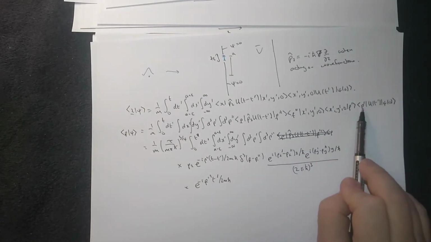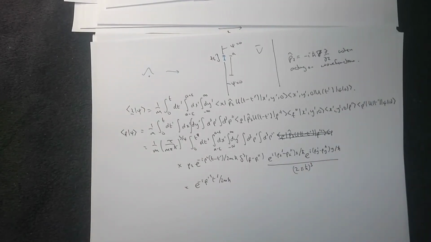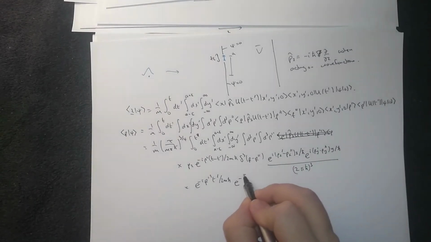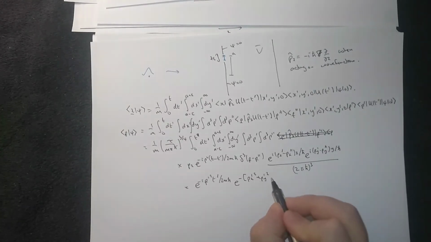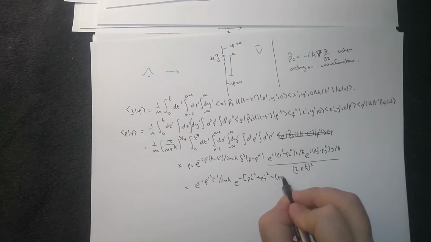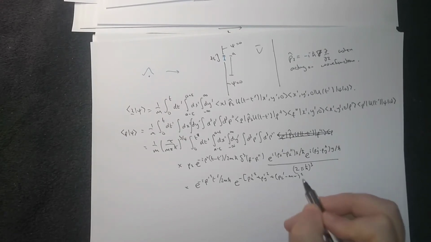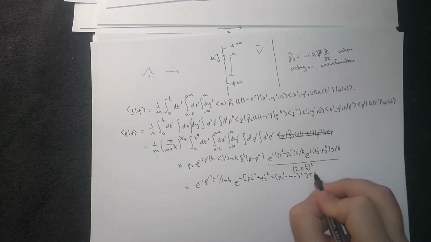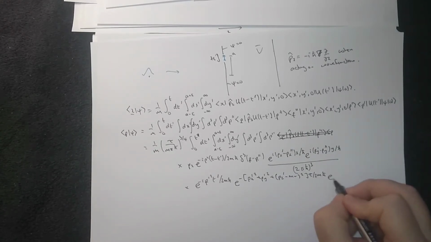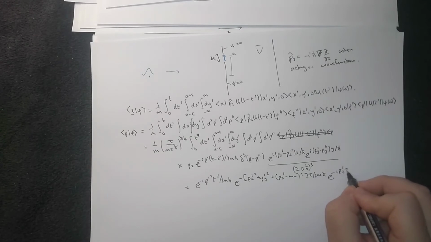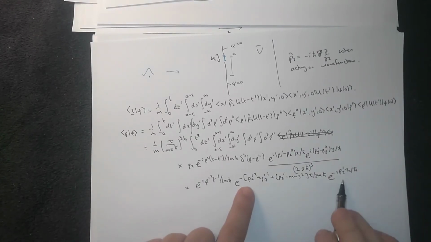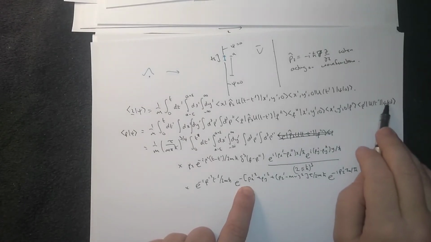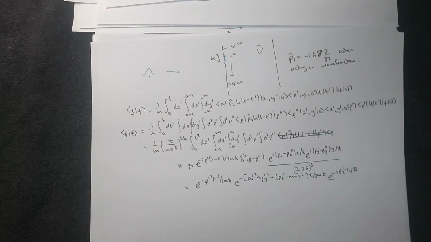That comes from that p primed and that u, e to the minus (px prime squared plus py prime squared plus (pz prime minus mv) squared) over 2m h bar, e to the minus i pz prime z naught over h bar. This term, of course, just comes from psi of 0 in the momentum space representation.